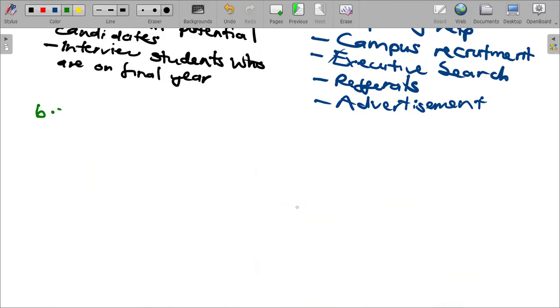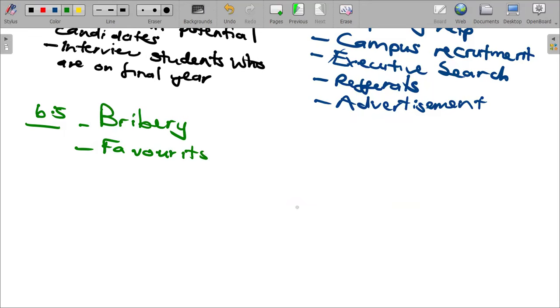On 6.5, you can find that bribery can also be a factor that affects recruitment, or it might be due to favoritism, where a candidate is favored, or it might be due to government regulations or requirements.